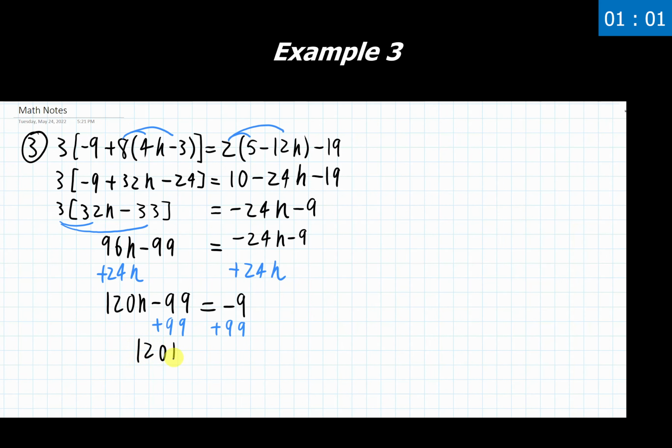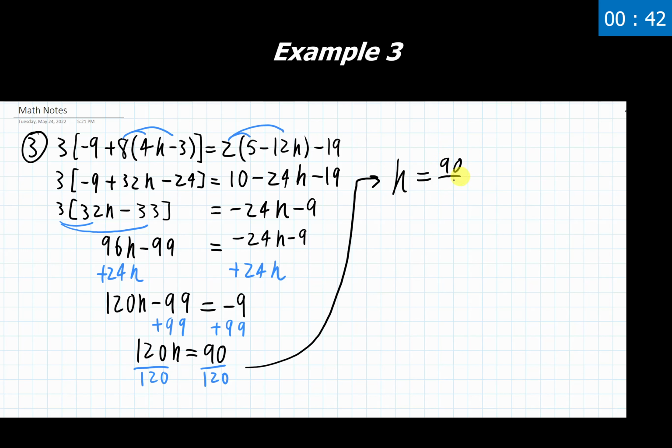I'm dividing both sides by 120. And from here, because I don't want to make this too small, I'm just going to move us off to the side. We're going to get h is equal to 90 over 120. I always have to reduce fractions down as best I can. Both of them have zeros at the very end, which means a single zero can cancel out.